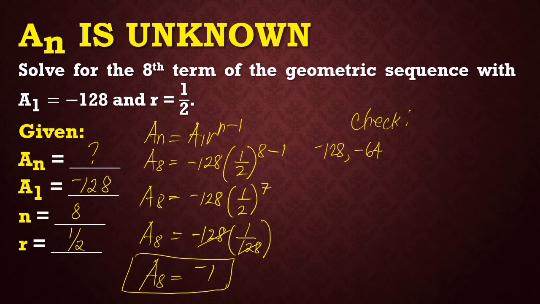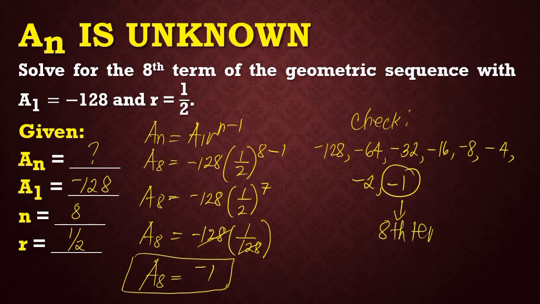So, pababa ng pababa. Okay. And then, after negative 64, magiging negative 32, negative 16, negative 8, negative 4, negative 2, saka negative 1. As you can see, negative 1, ito yung ating 8th term.